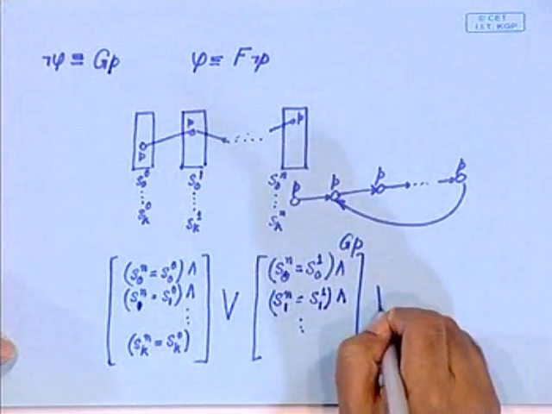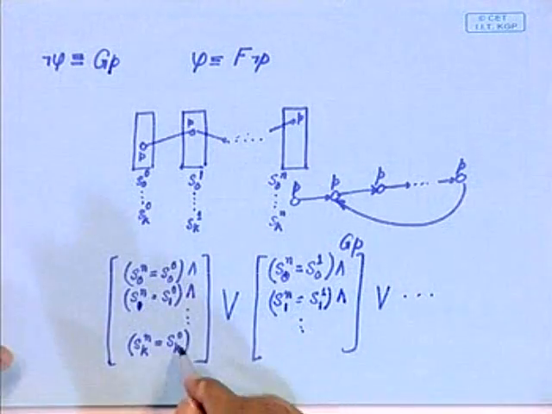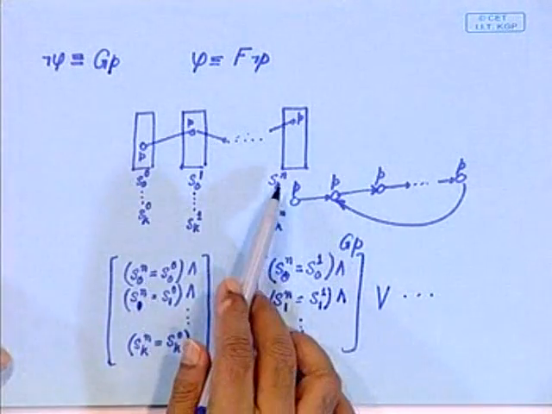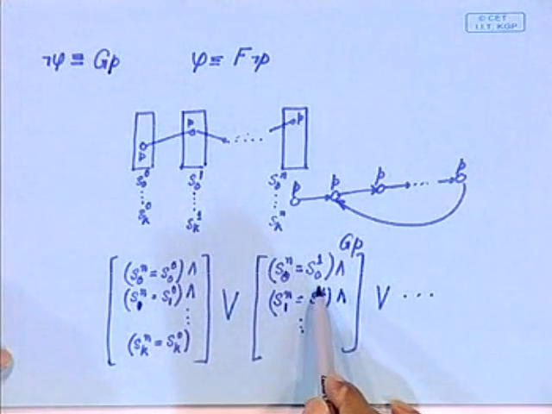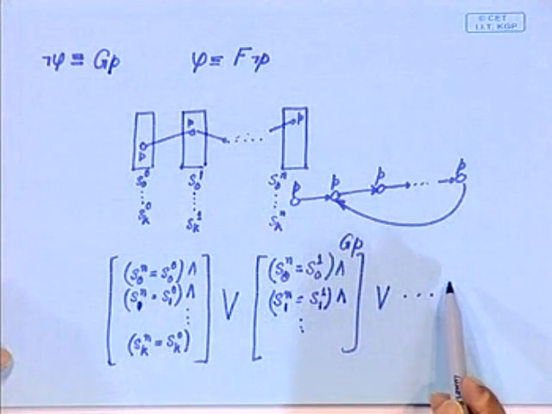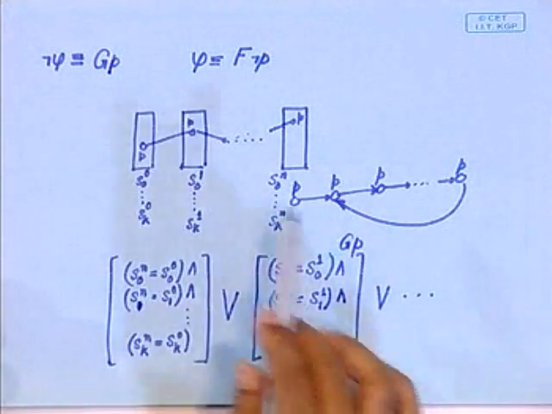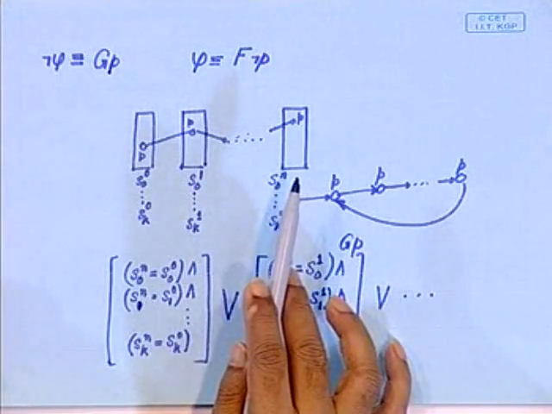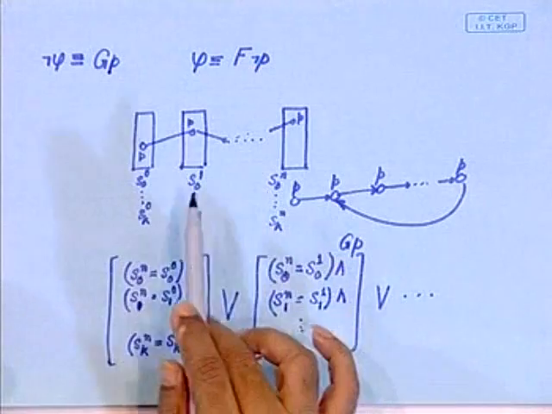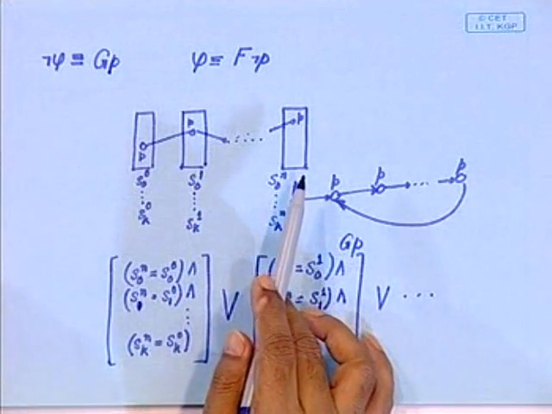And then or, so this is trying to see whether Sn is equal to S0, this is trying to see whether Sn is equal to S1, then the next clause will try to see whether Sn is equal to S2, and so on, right. So you are trying to see whether this last state is actually equal to any of the other states.